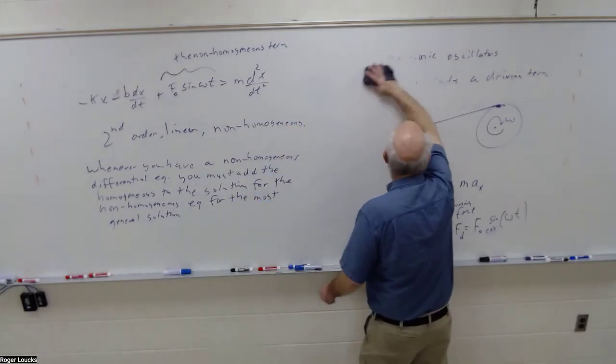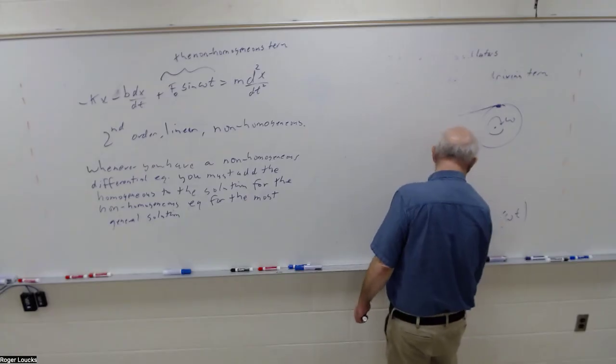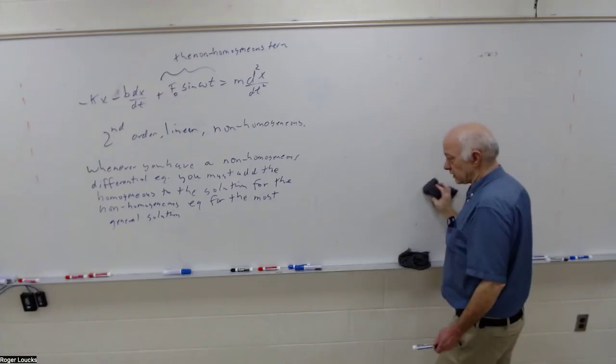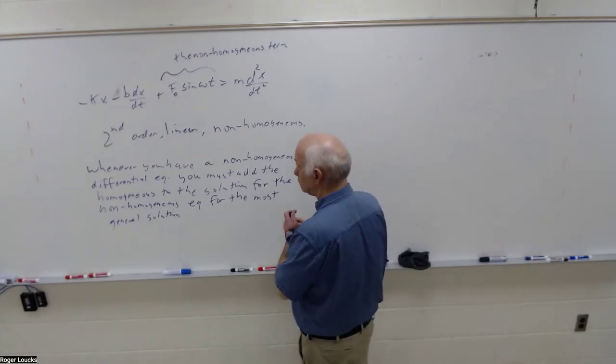So I'm going to give these names. These are not necessarily the standard names, but I'm going to use them because I think in my mind they're the most obvious.